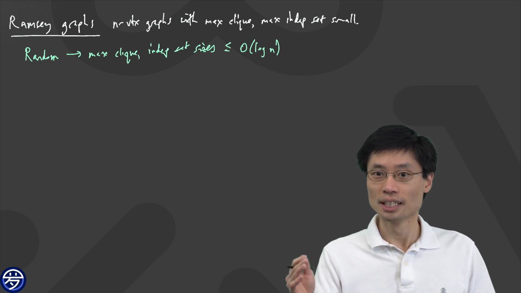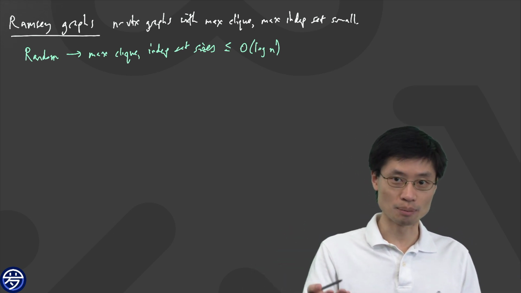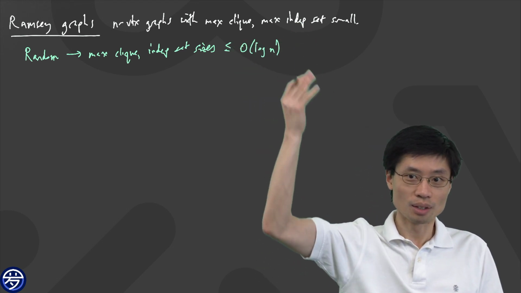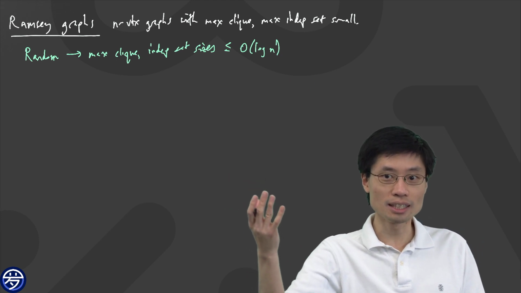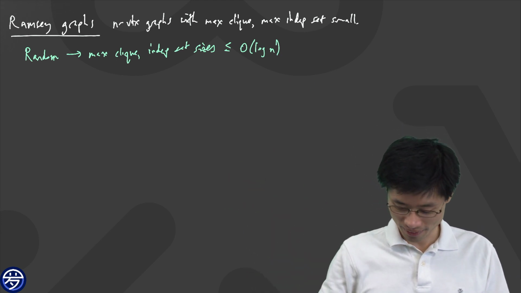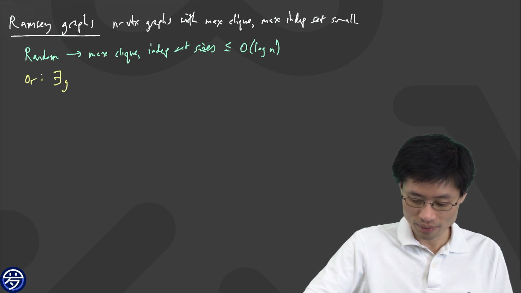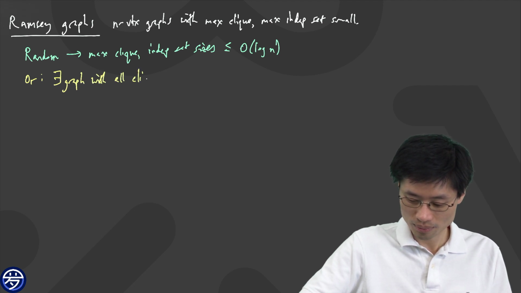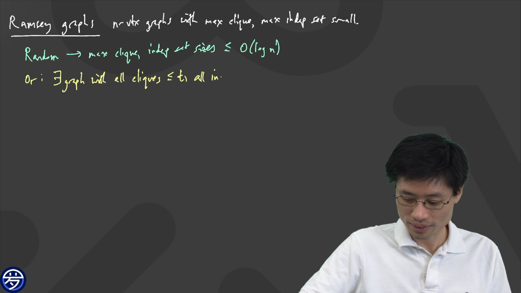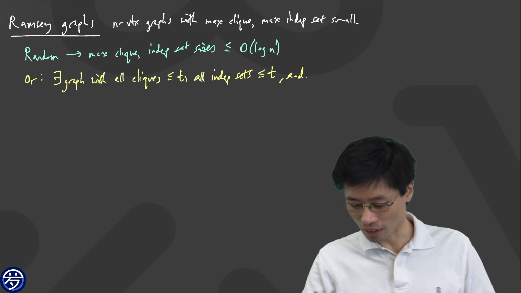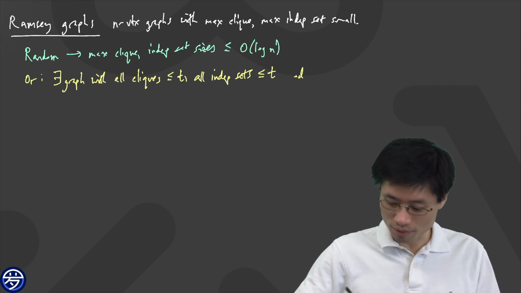Now, we can also think of it another way. If you are going to say that your biggest clique and the biggest independent set is no bigger than t, then we're able to make this graph with no clique of size t, no independent set of size t, and that graph has a lot of vertices. That's the other way to think of it. Or there exists a graph with all cliques of size at most t, all independent sets of size at most t, and it has a lot of vertices.